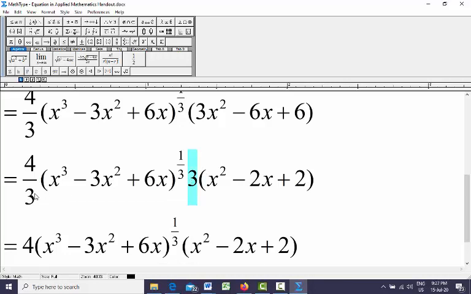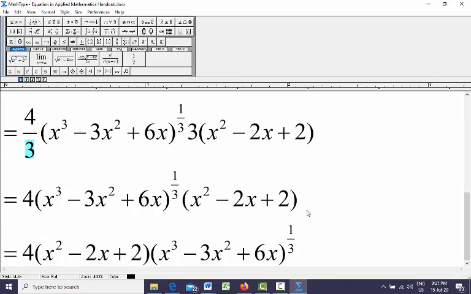So we will have only 4 here. So 4 multiplied by this one to the power 1/3 multiplied by x square minus 2x plus 2. That's the answer.